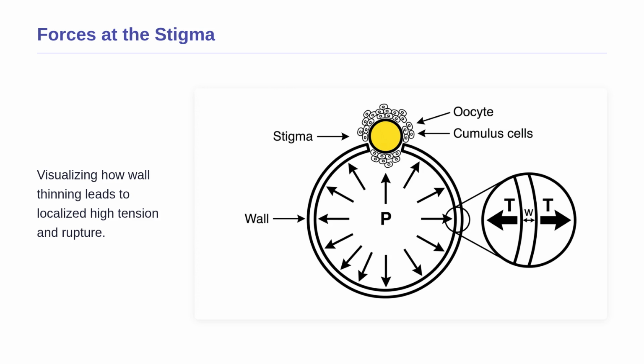Because the enzyme specifically degraded the wall at the top, creating the thin stigma, the tension there skyrocketed. This localized mechanical failure allows the oocyte, surrounded by its protective cumulus cells, to gently squeeze out of the ovary without a violent explosion.